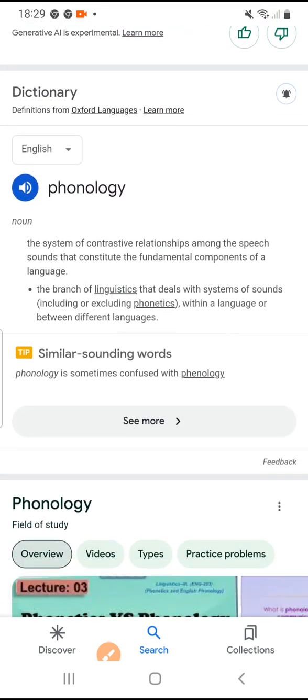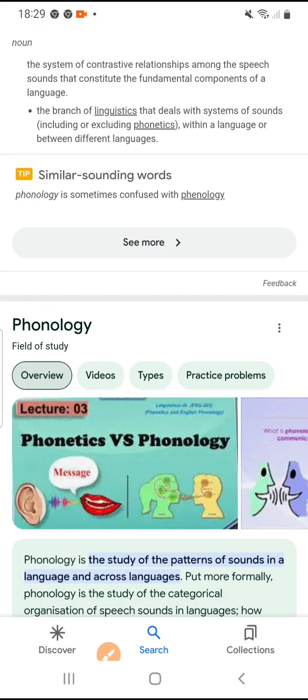Now according to the definition, phonology is the system of contrastive relationships among the speech sounds that constitute the fundamental components of a language. It is the branch of linguistics that deals with the system of sounds, including or excluding phonetics, within a language or between different languages.